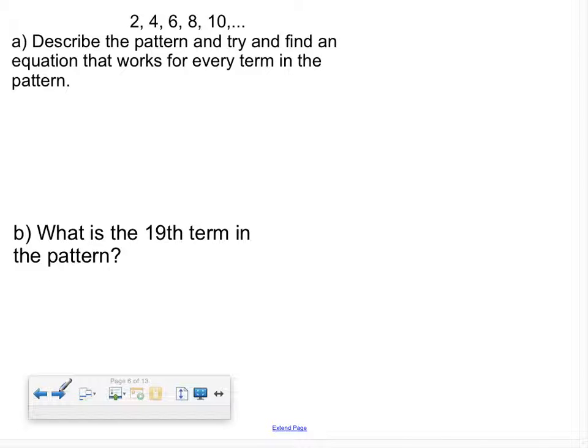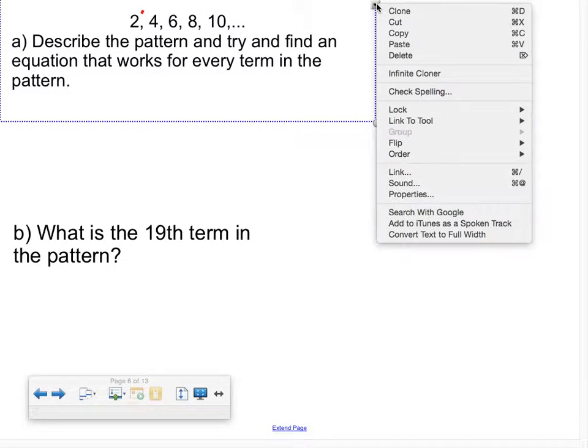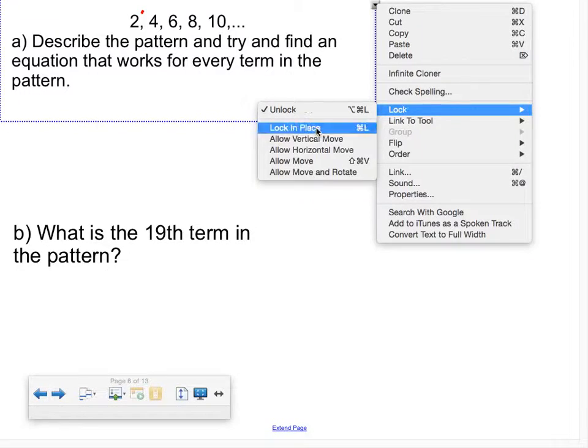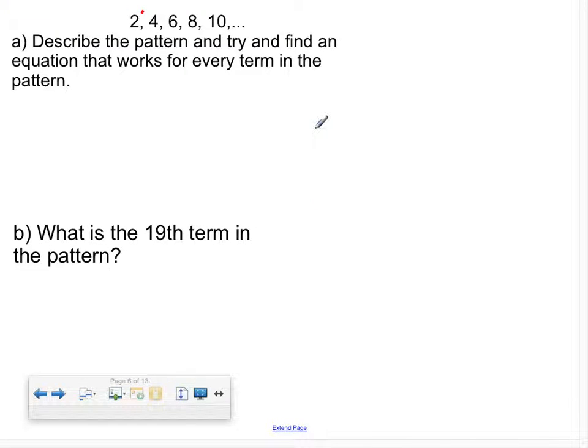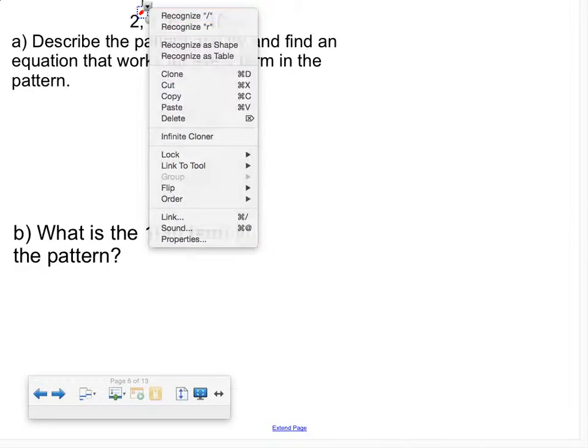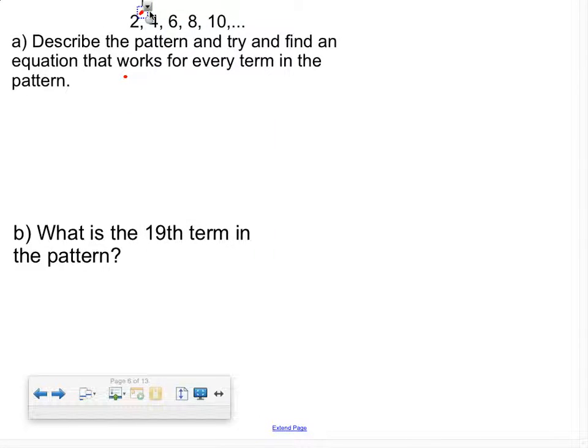All right, taking a look at this one, I think most of us would understand that this is increasing or adding to each time. So because this is repeatedly adding to, the rule becomes 2n.